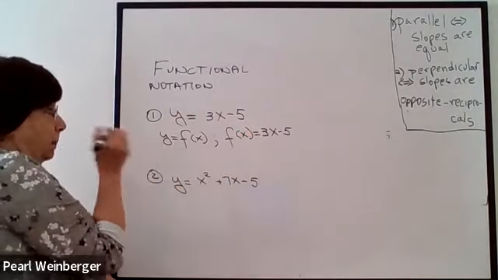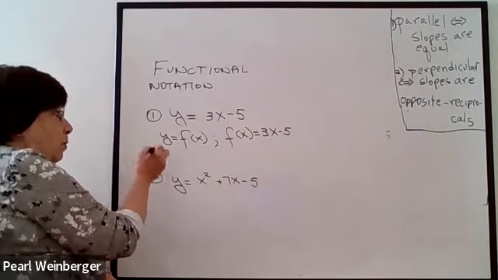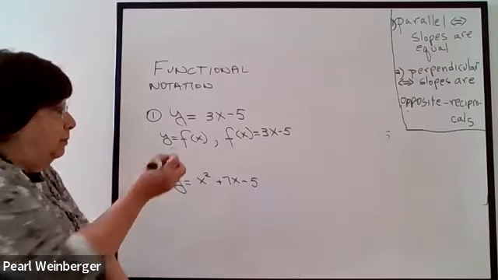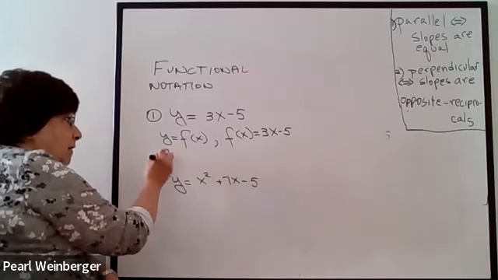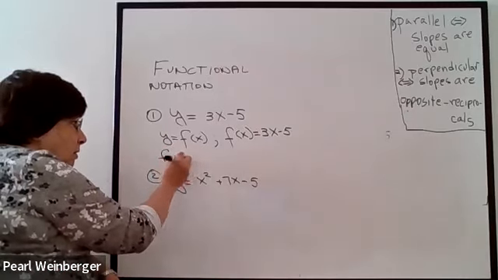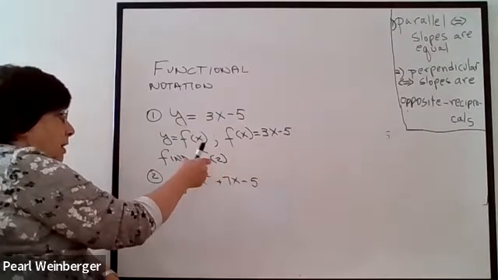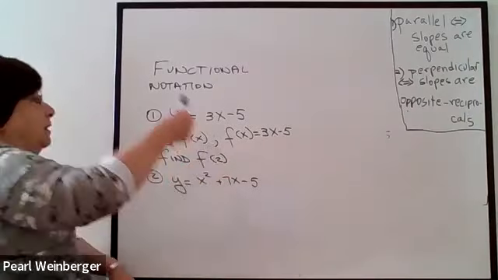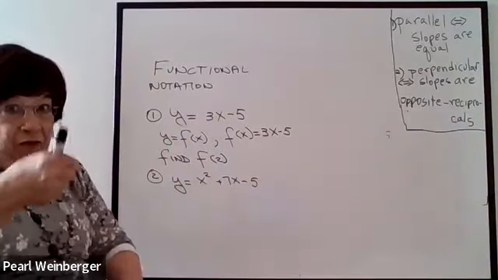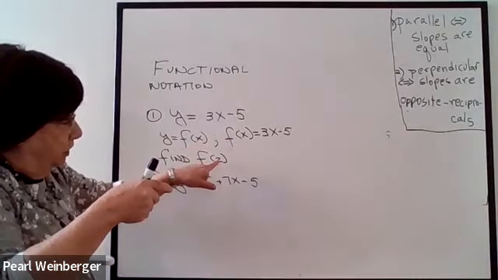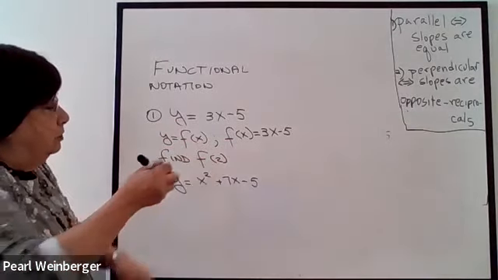And notice, if I want you to pick x to be equal to 2, for example, I could say find f of 2. F of 2 means find the f, which is the y, when the x is 2.